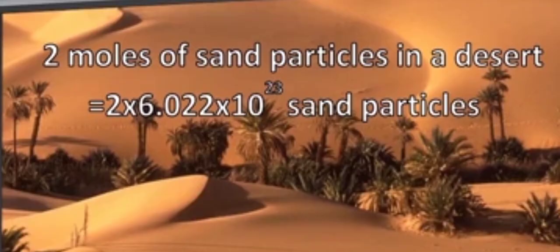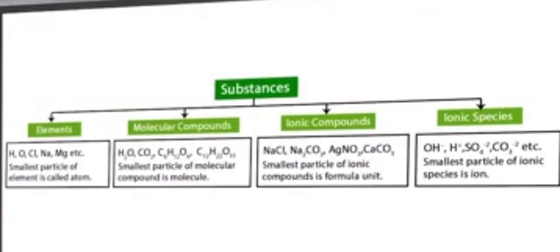Students, I taught you 4 types of substances in the last lecture: element, molecular compound, ionic compound, and ionic species. You need to memorize the smallest particle of these substances. So, remember 4 things. The smallest particle of an element is an atom. The smallest particle of a molecular substance is a molecule.